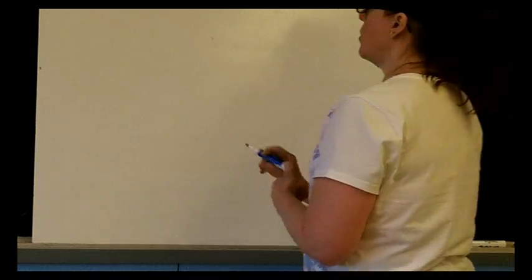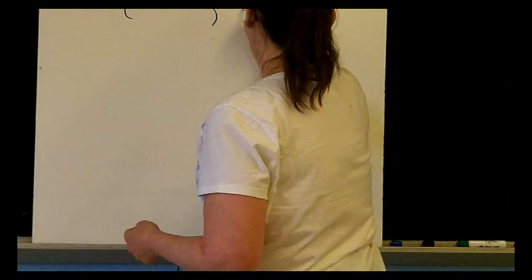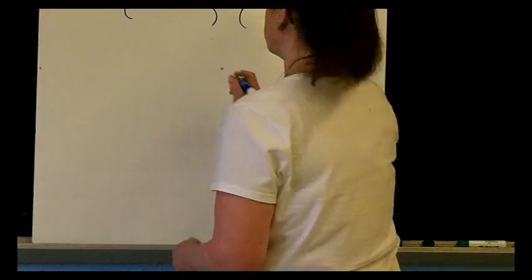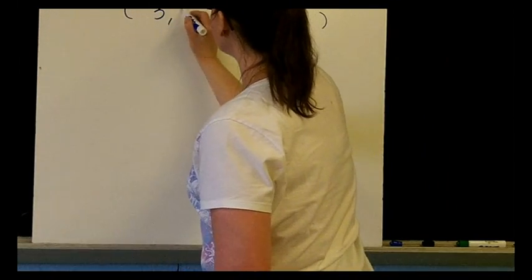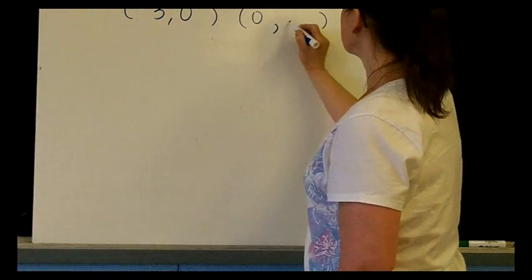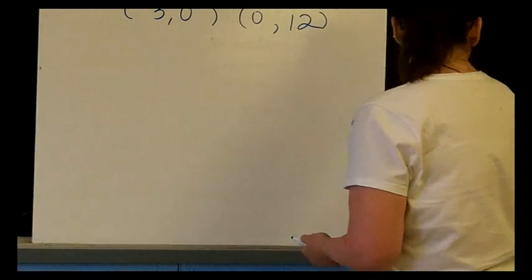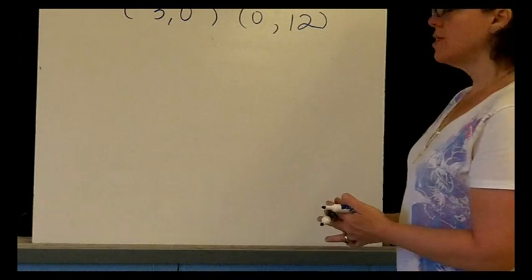What I'm going to do is up here write down what our 2 points are so that we remember. (Negative 3, 0) and (0, 12). The next thing I'm going to do is to label these.